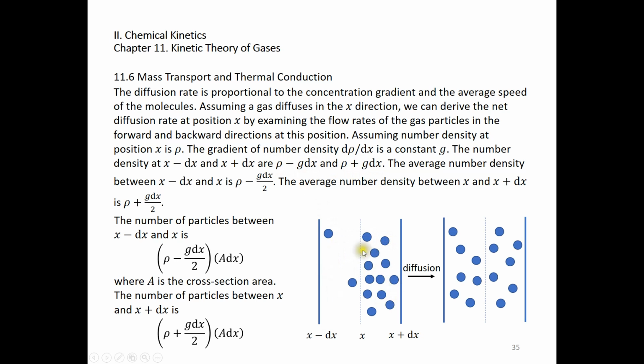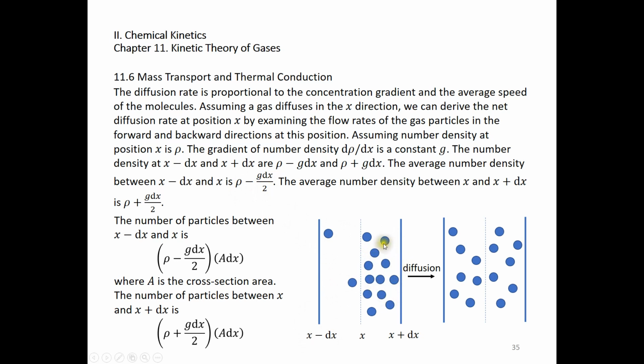This graph is a bit of an exaggeration, so you can see the density here is much smaller than the density here. The average number density between x minus dx and x, between here and here, is the average of rho and rho minus g dx. On average, the density here is rho minus g dx over 2.